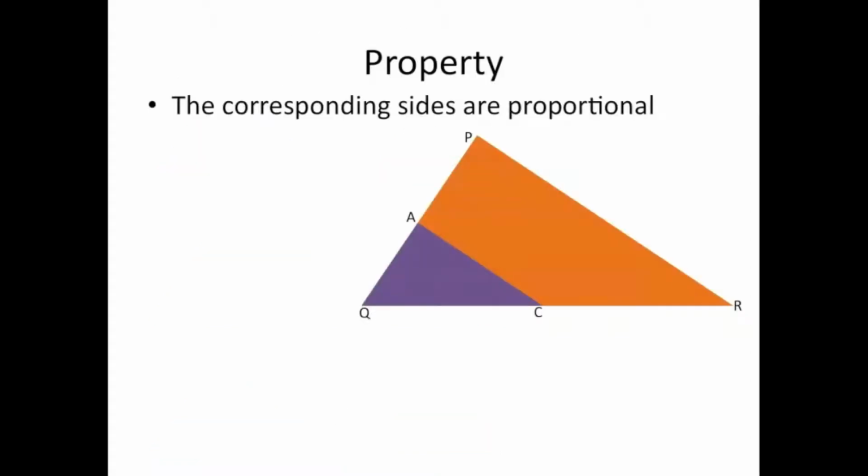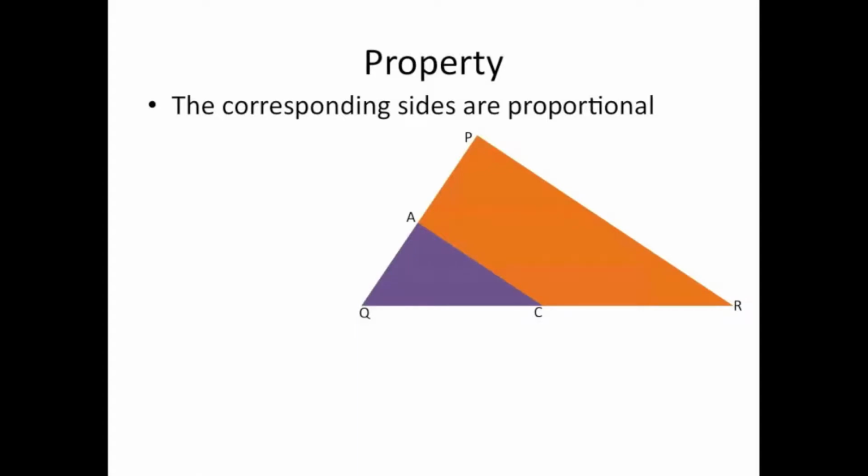Now let's get back to proving that the corresponding sides of similar triangles are proportional. The first thing I did was place our smaller triangle upon the bigger triangle so that the angle AQC falls directly on PQR, and they fall on each other perfectly because they're similar triangles.